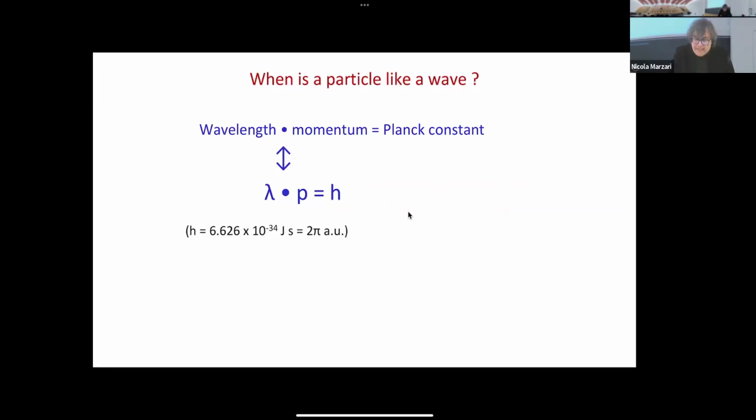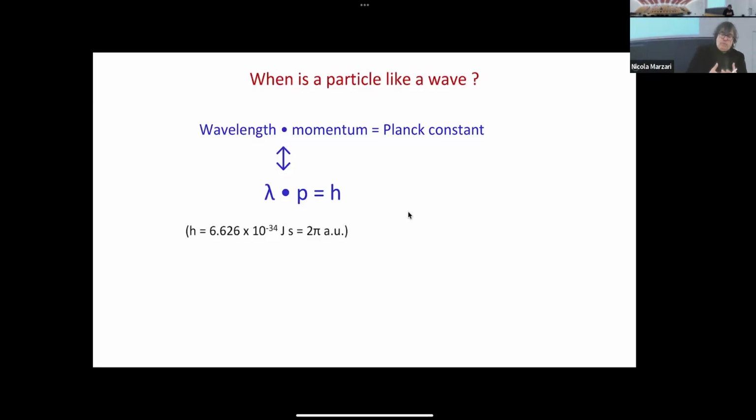What it says is that any object in the world, from the moon, an elephant, a golf ball, a virus, an atom, an electron, will have a certain momentum P, mass times velocity. So if your velocity is large or your mass is large, you have a lot of momentum.